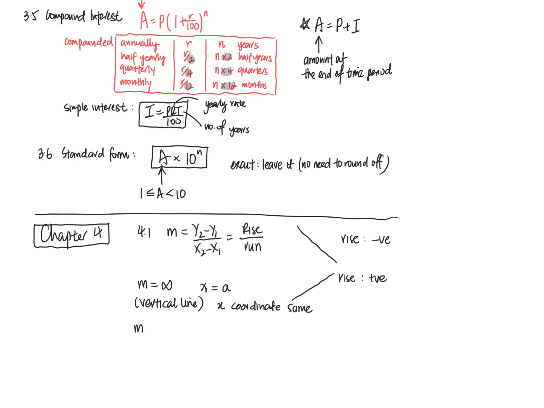But when you have m equals to 0, you will have y equals to whatever your y-intercept is. Let's use c then. So that's your equation. This is a horizontal line. So when you have a horizontal line, your y coordinates are the same.